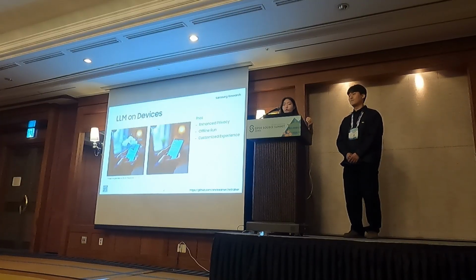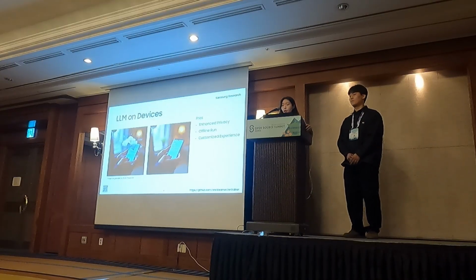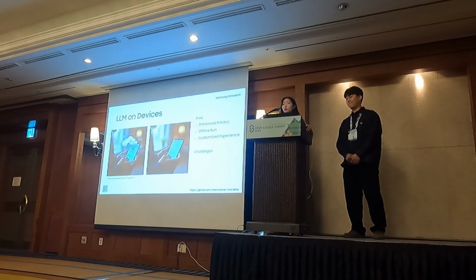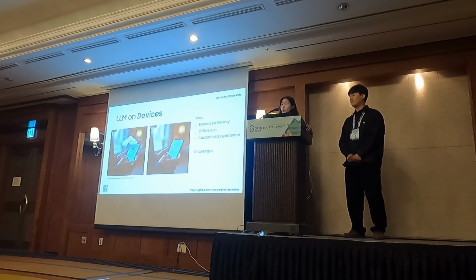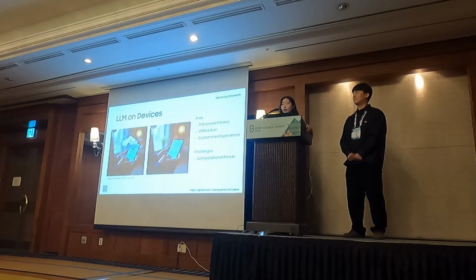Also, from the service provider's point of view, for example, application developers, running LLM locally saves significant cost compared to running it on the cloud. While these advantages are clear, running large language models on edge devices definitely comes with significant challenges. These are three biggest issues we often face. First, limited computation power.